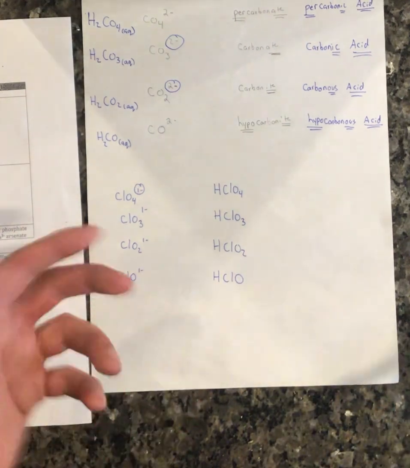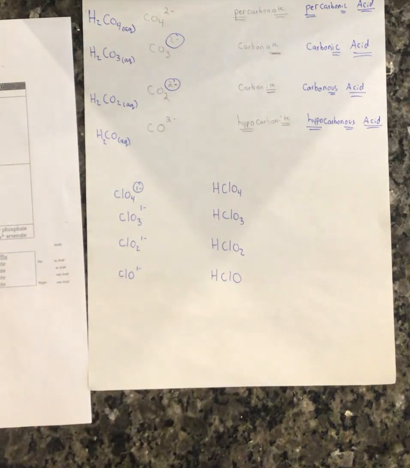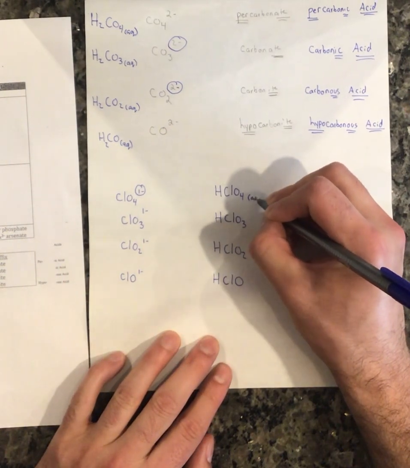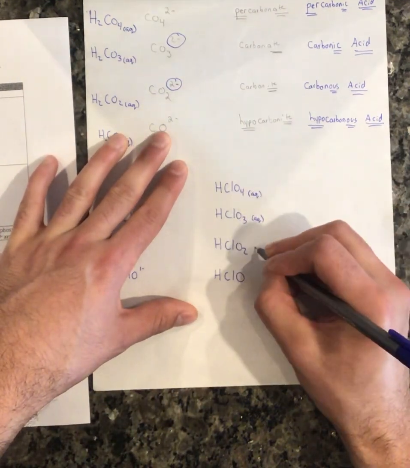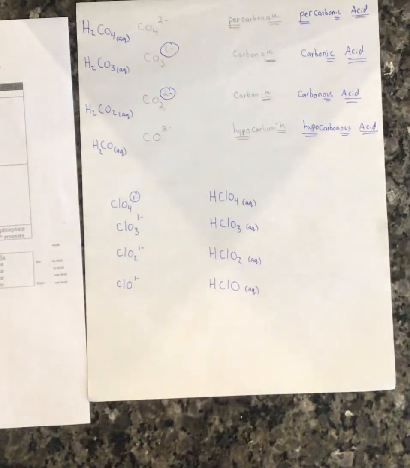Once again, how did I get these? 1 negative, all these charges, 1 hydrogen I'm adding to each of them. And these should all be aqueous. So now we have the proper formulas.